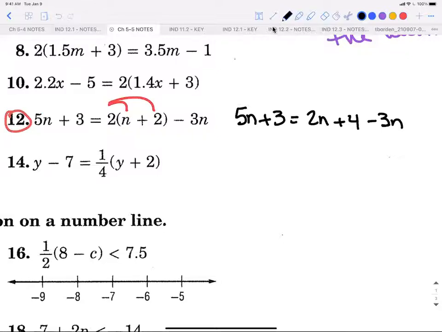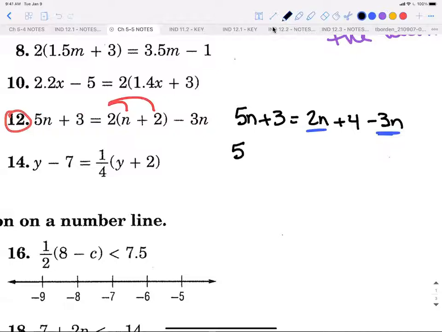Now I look for like terms. Are there any like terms on the left? 5n plus 3. Can I combine any of that? So I'm going to leave that side alone and I'm going to look to the other side. I've got 2n plus 4 minus 3n. Are there any like terms here? What are they? Yeah, the 2n and the negative 3n are on the same side of the equation, so I can combine them.